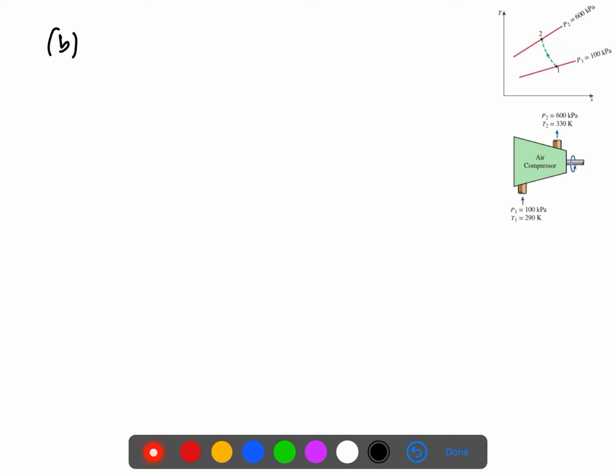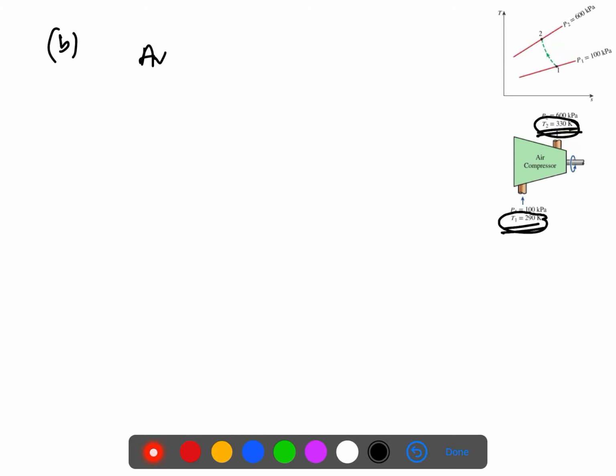So we need to find the entropy change of the air during this compression process, and we need to use the specific heat value. But how can we calculate the specific heat value? When we have the initial temperature and the final temperature, and we want to use a constant specific heat, the question gives the average specific heat, so we need to take the average temperature.